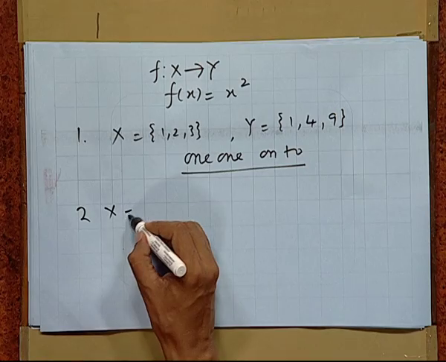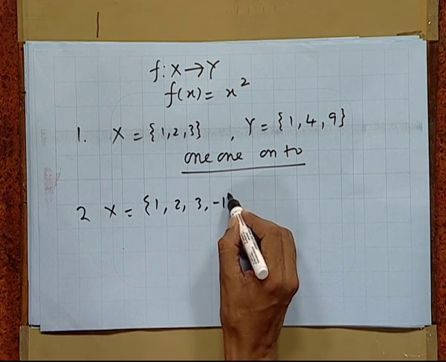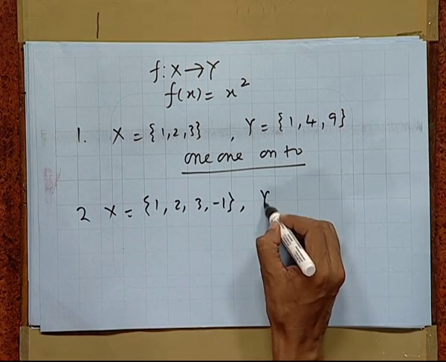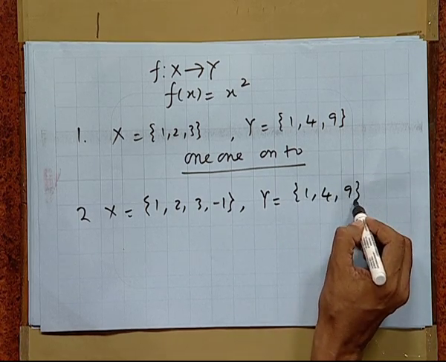That is not all. Suppose X is changed a bit, including minus 1 as well. Y remains the same. Is it a function? Yes, because every element has an image and no element has more than one image.